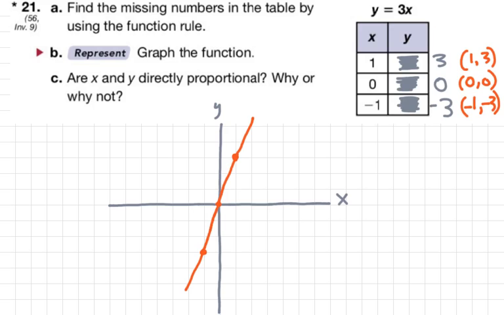Okay, and your graph should look better than mine because I don't have a ruler over here. But I've connected the dots and it is going to be a straight line. Okay, so then my answer for C is yes, it is directly proportional, because if you remember from our investigation 9, it is a line and it goes through 0, 0.